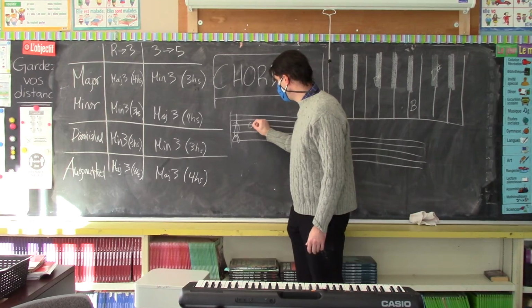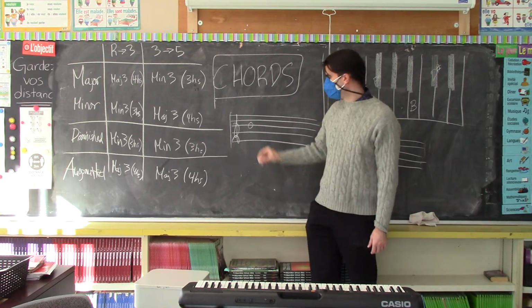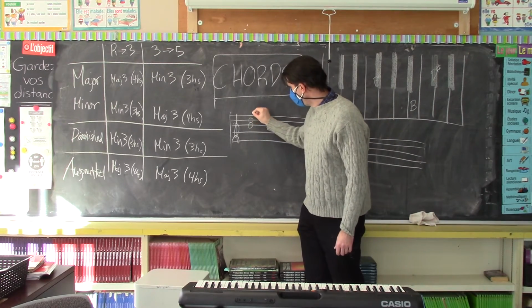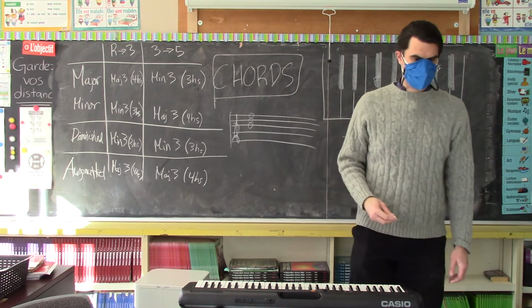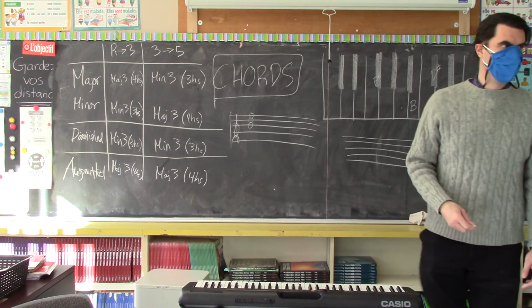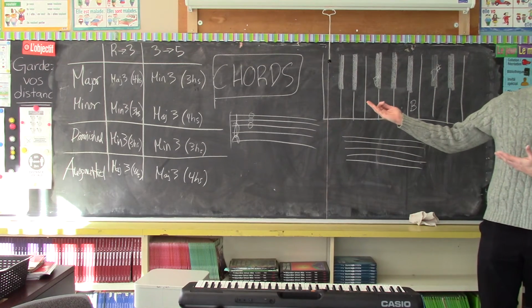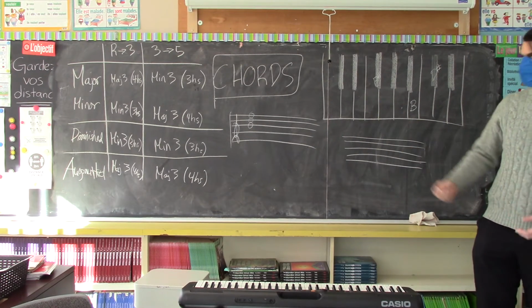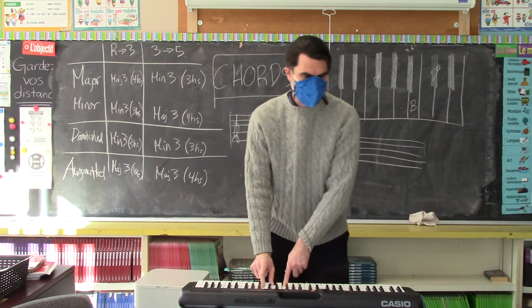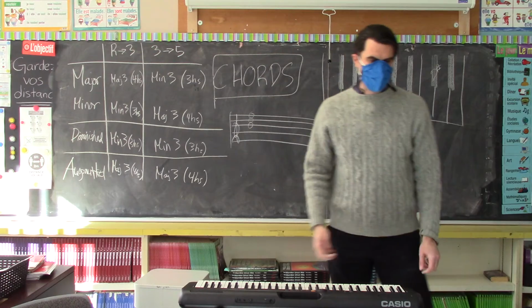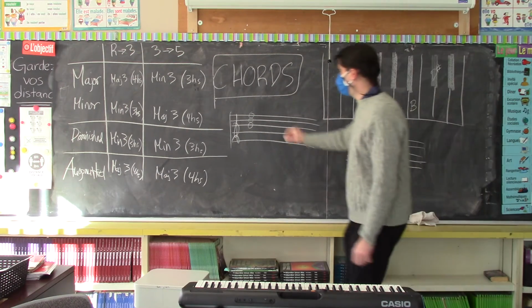So if your root is a B, then a skip and a skip, and you're done. I present to you B diminished, Ethan. That's good. Wow. So much wow. Okay. Next.